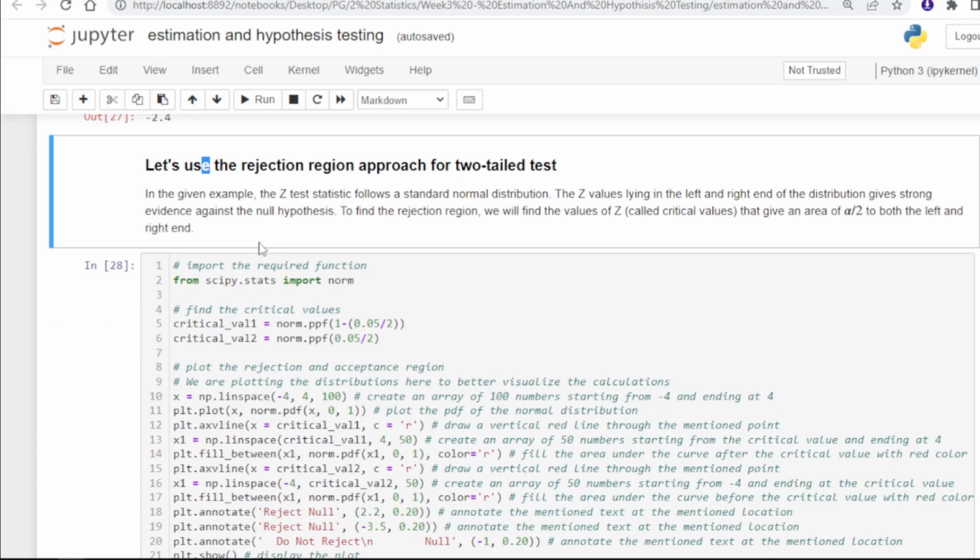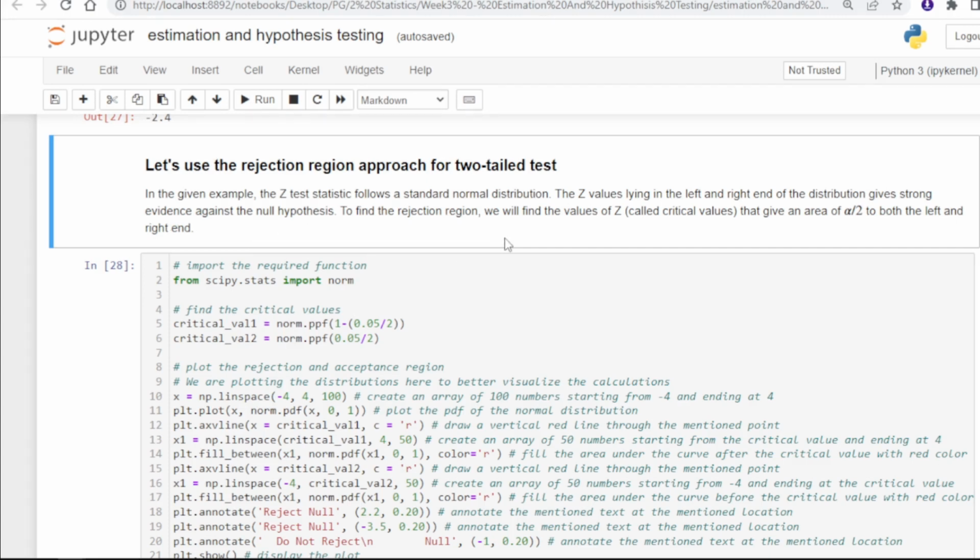So let's use the rejection region approach for two-tailed tests. In the given example, the z-test statistic follows the standard normal distribution. So a z value lying in the left or right end of the distribution gives strong evidence against the null hypothesis.